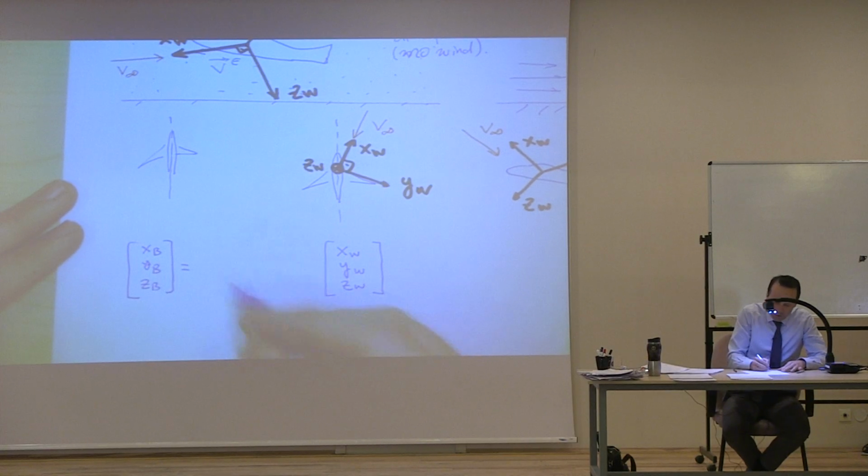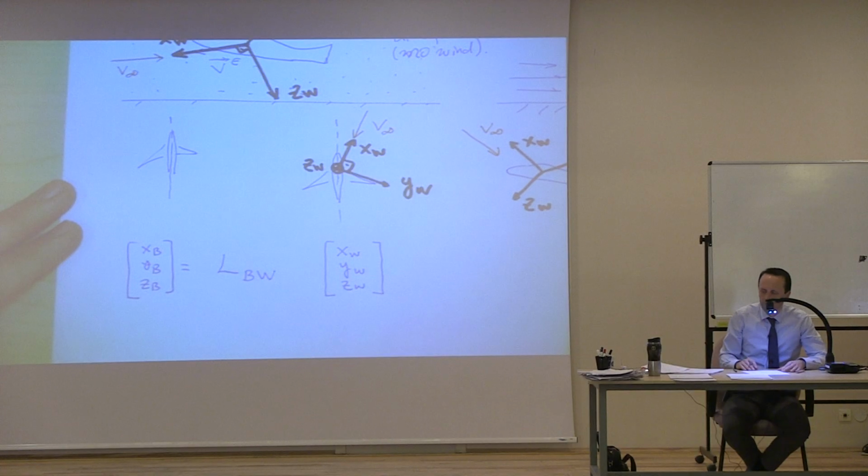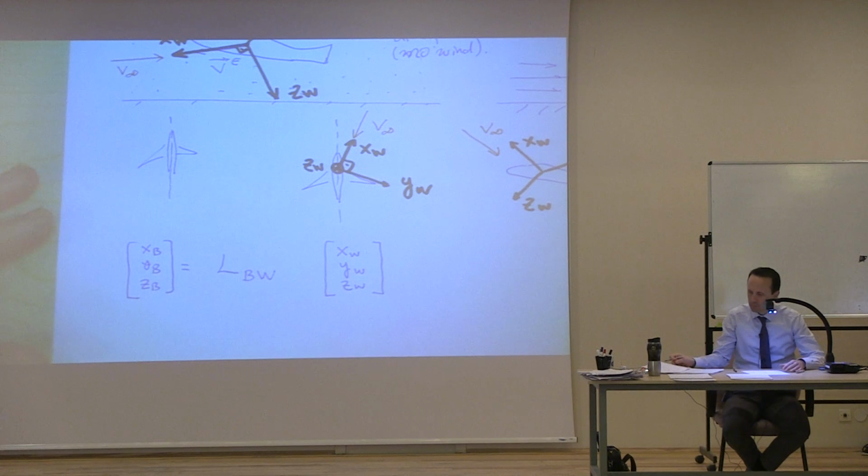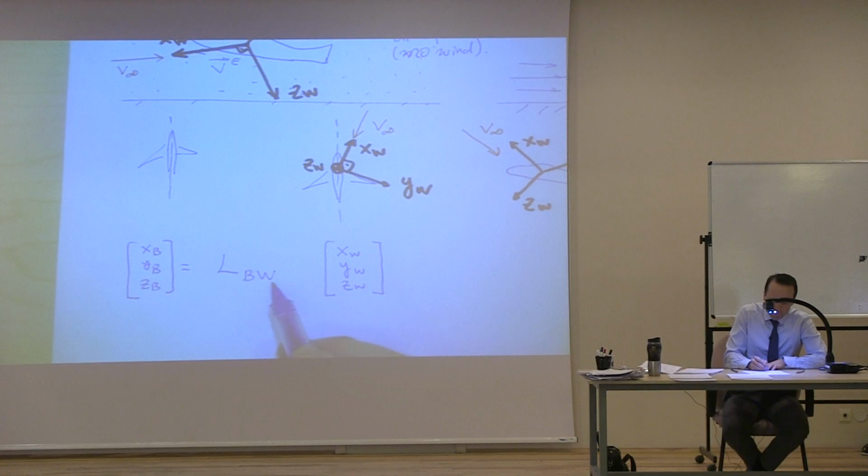So I'm looking for the transformation matrix, and the transformation matrix would be called LBW, right? That's what we would call it, because that's a transformation matrix from wind to body.